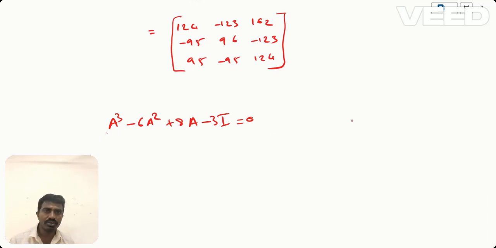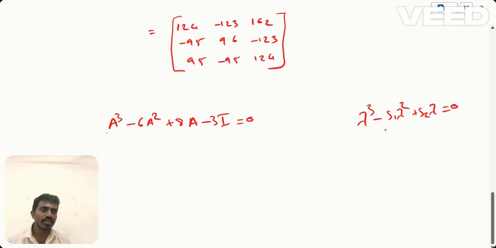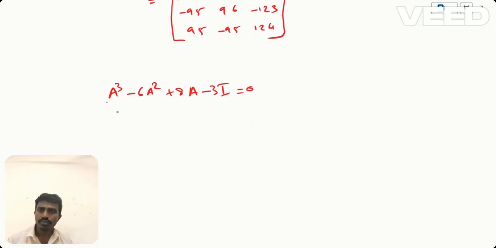If 0 were an eigenvalue, then the characteristic equation would be lambda cube minus S1 lambda square plus S2 lambda equal to 0. Then only you will get 0 as one of the eigenvalues. But here it is not. 0 is not an eigenvalue, so the matrix inverse is possible, since the determinant of A is not equal to 0.